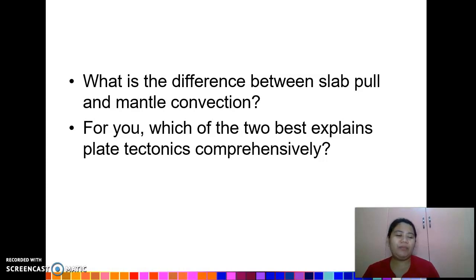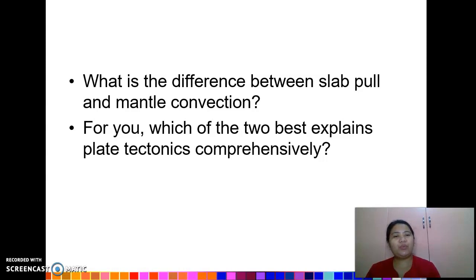Slab pull is powered by gravity, whereas mantle convection is a natural process wherein hot material goes up and is released on the Earth's surface, leading to the formation of volcanoes, mountains, and other topographical features. Likewise, cold material sinks, becomes part of the subduction zone, and becomes part again of the Earth's interior as magma.